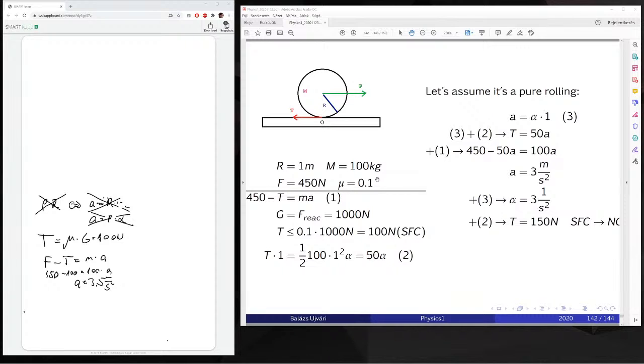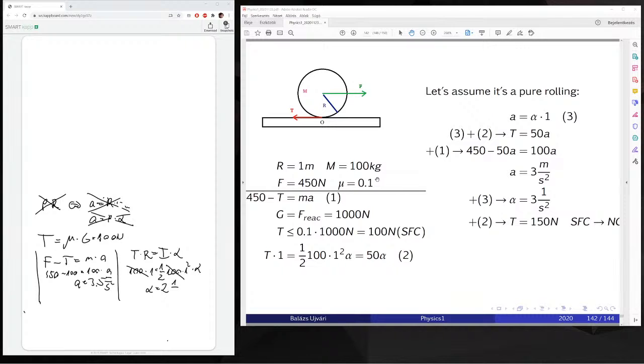For rotation, I times alpha, it's 100 times 1 equal 1 over 200 times 1 square times alpha. That means 100 alpha equal to 1 over s square.